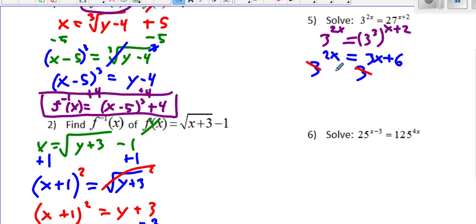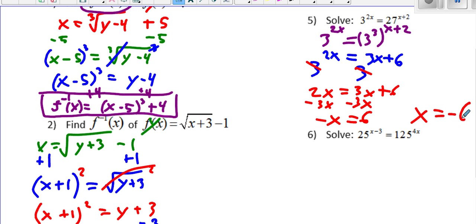As long as it's 3 to a power equals 3 to a power, you cancel them out. So it's 2x equals 3x plus 6. Get your x's together so you can solve. So minus 3x over. Negative x equals 6, which means x equals negative 6.